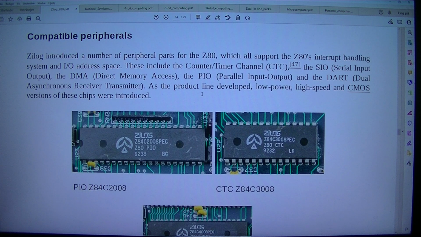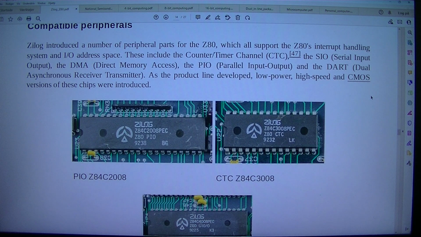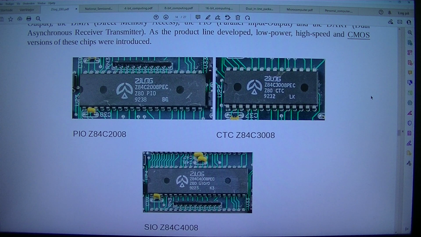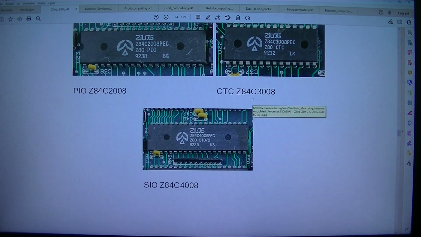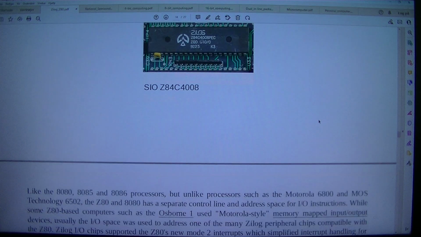As the product line developed, low power, high speed and CMOS versions of these chips were introduced: PIO Z84C20, CTC Z84C30, SIO Z84C40.